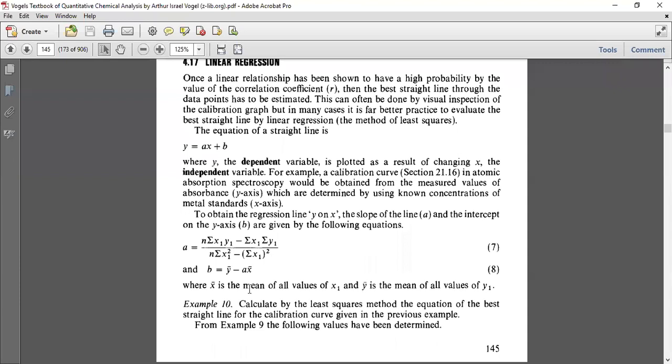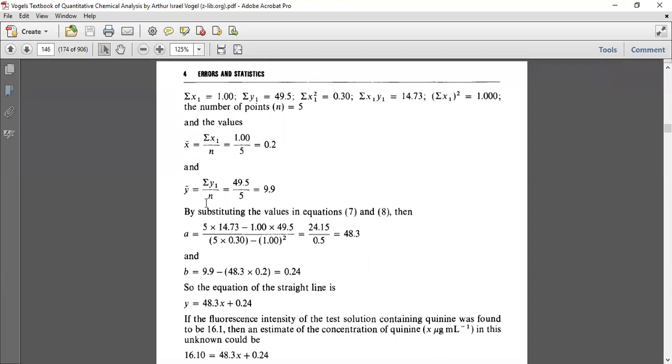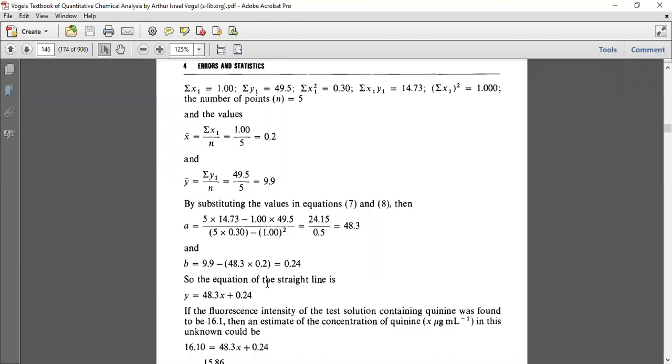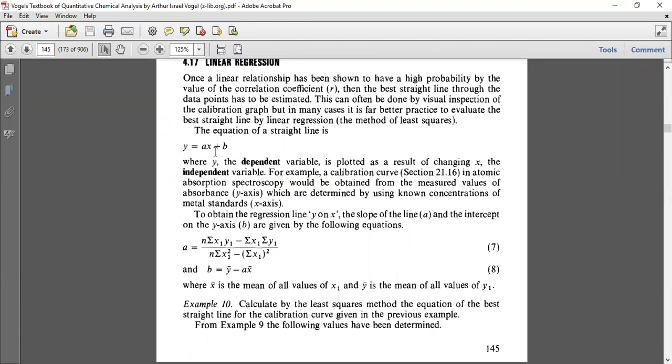They have mentioned the formula b is equal to y bar minus a x bar. So x bar is this, y bar is this: 9.9 minus 48.3 into 0.2. So this is the a value, and 48.3 into 0.2 is equal to 0.24. So the equation of the straight line, what is the equation of the straight line? This is y is equal to ax plus b.